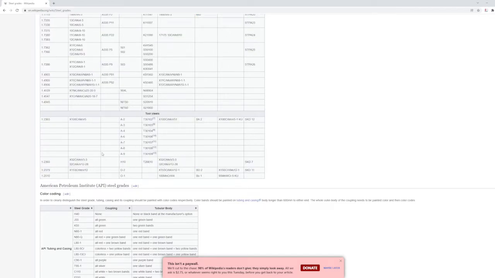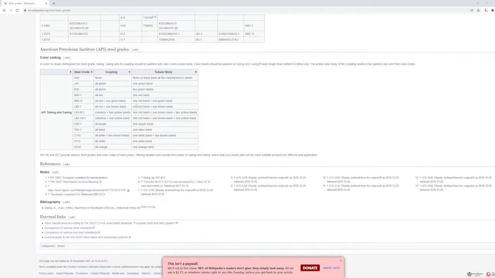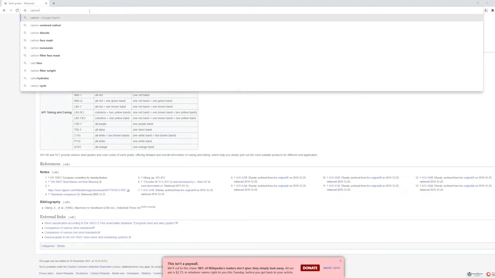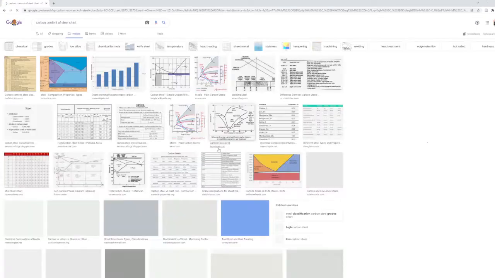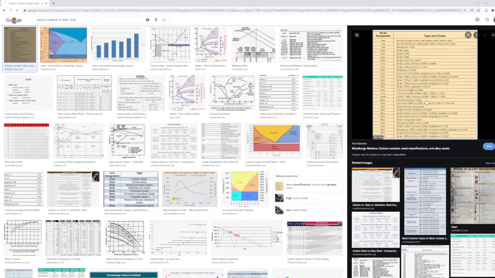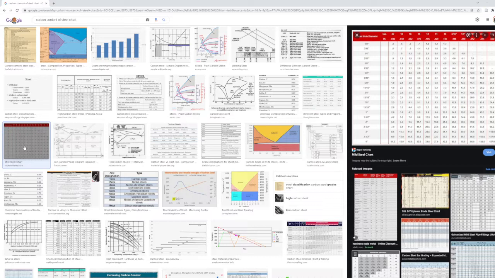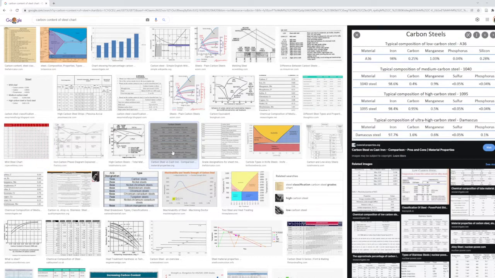And they're all defined by the composition of those alloys. Carbon content of steel chart. Here, let's take a look at various steels. Yeah, here we go. Here's a couple of them.